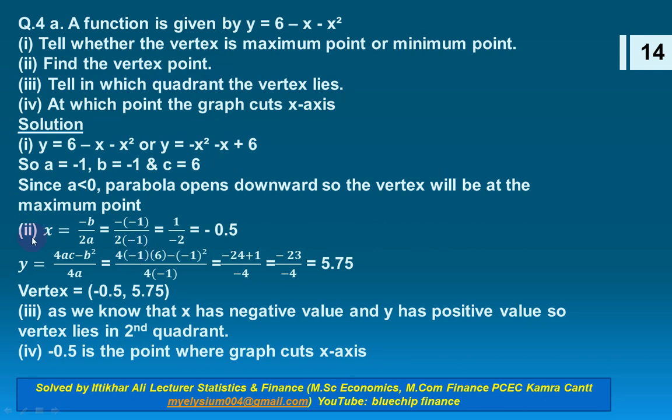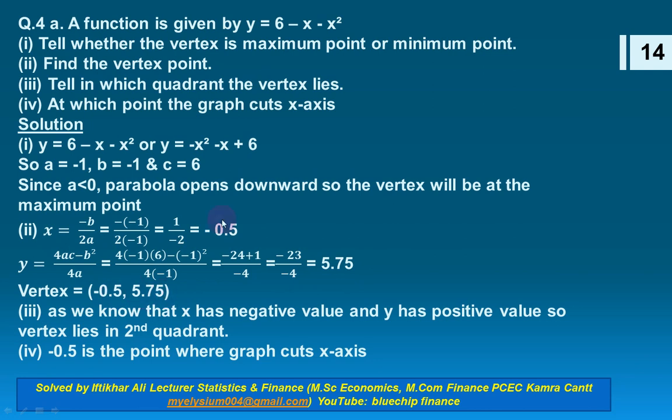For calculation of the vertex point, first of all we calculate x, which equals minus b over 2a, and after putting the values, x is minus 0.5, and y equals 4ac minus b square over 4a. After putting the values, the result is 5.75. So the vertex will be minus 0.5 and 5.75.